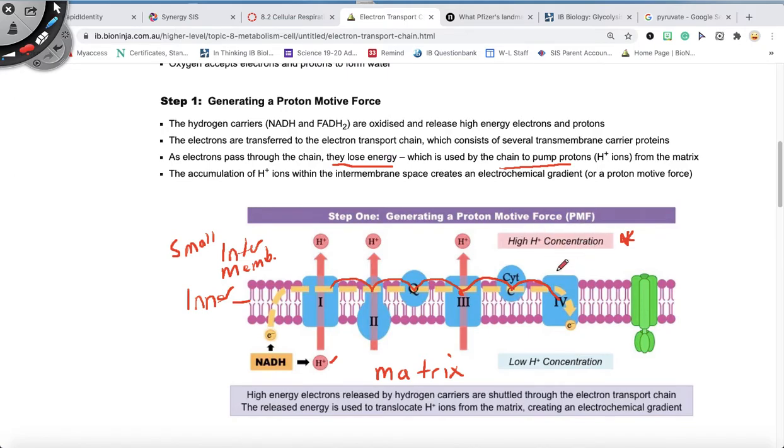And this accumulation of hydrogen ions is what we call the electrochemical gradient or the proton motive force. Okay? So after these electrons have traveled and the hydrogen ions get pumped into the intermembrane space, we end up with an electrochemical gradient. What's going to happen? We've got to move on to step 2.